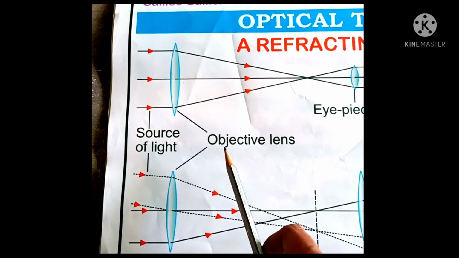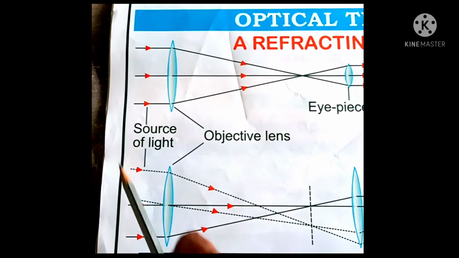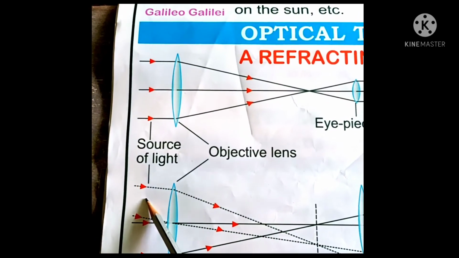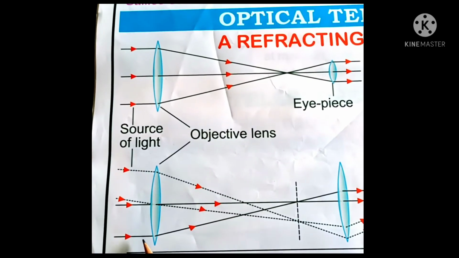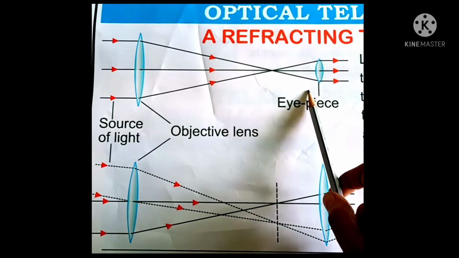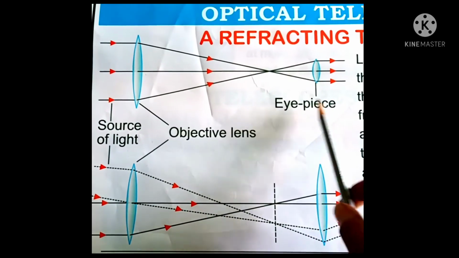It is known as the objective lens because it is in front of the object, the source from where the rays of light are coming. The second lens is close to our eyes, that's why it is known as the eyepiece.